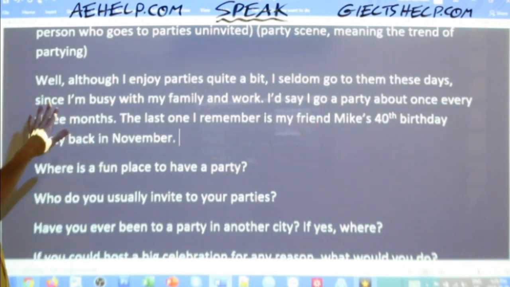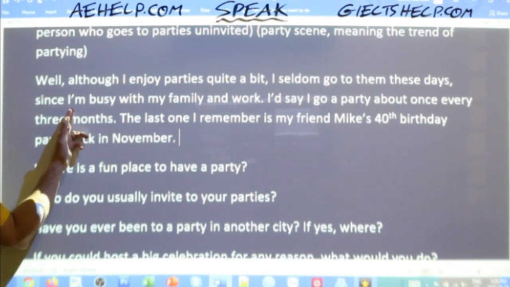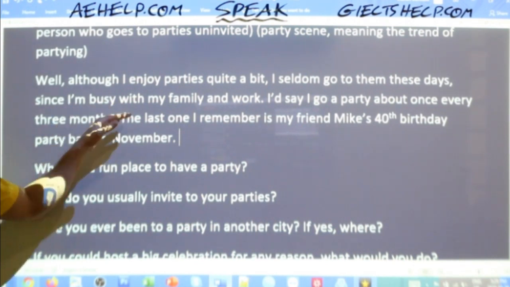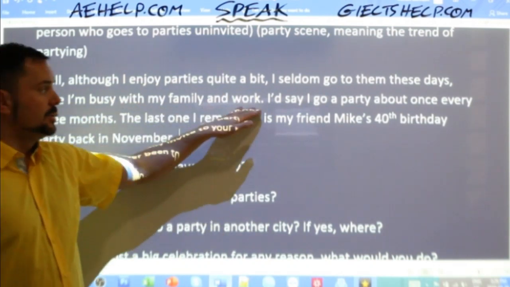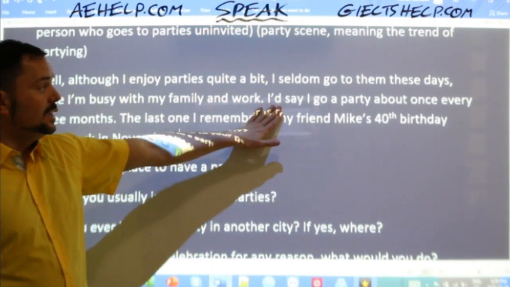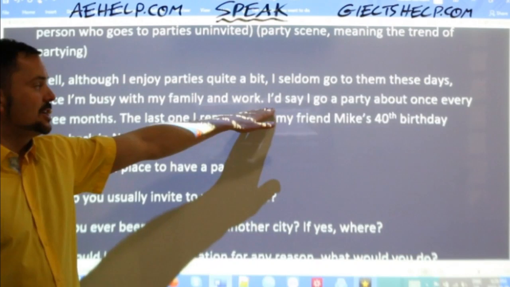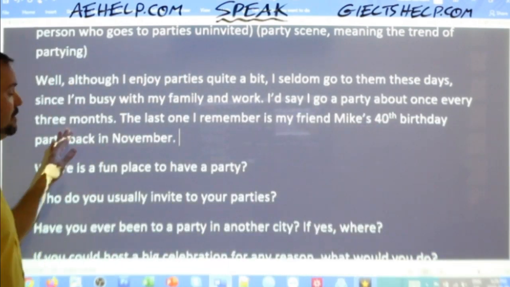And then I continue with my complex sentence, since I'm busy. Of course, in speaking, I'm using contractions. I'm busy with family and work. What am I doing here? This is my explanation. I'm busy with my family and work. Continuing with my contractions, I'd say I go to a party about once every 3 months.